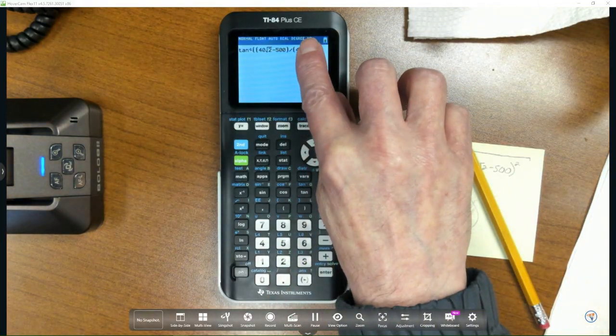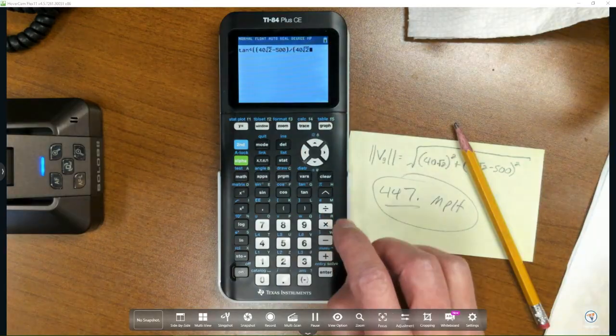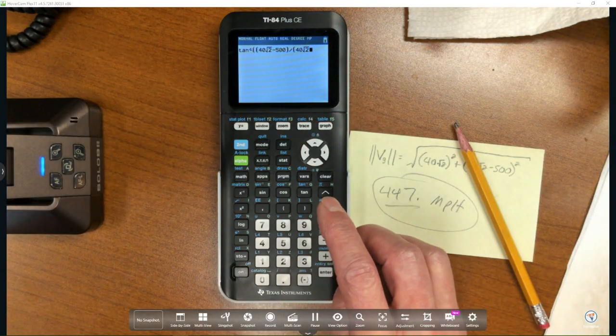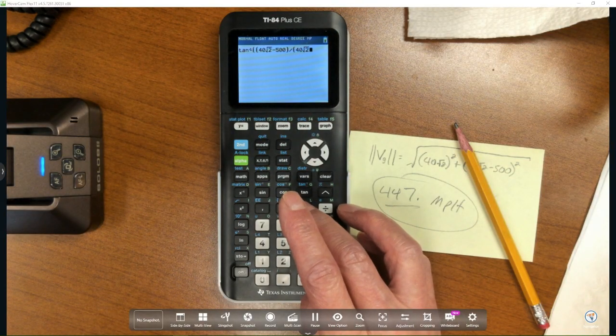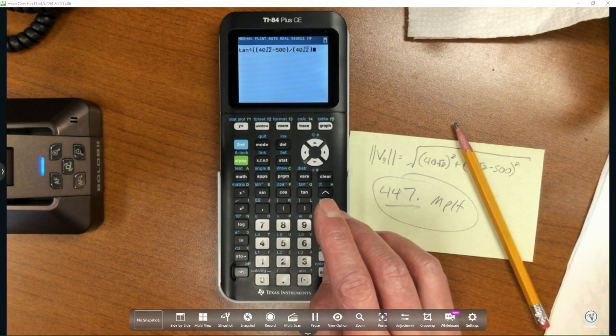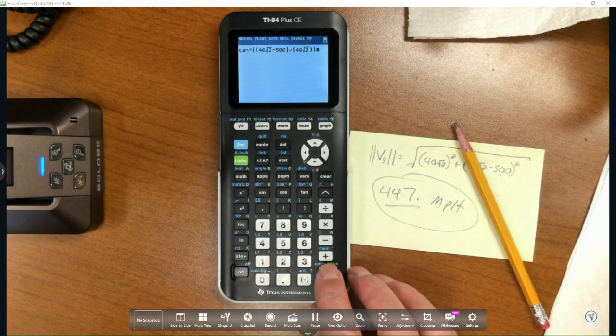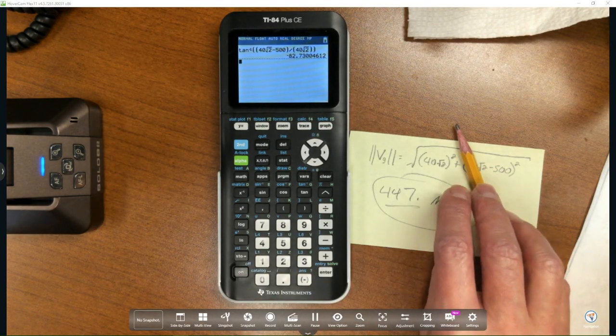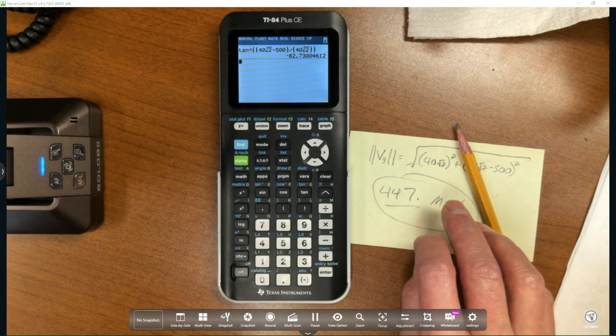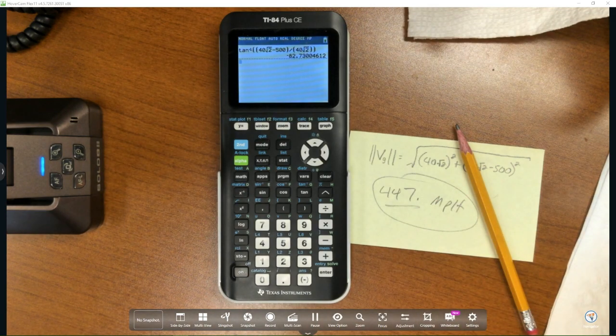Otherwise it would only divide by the 40 if I didn't group these together. And I also have to close the inverse tangent function. All right, so we're looking at negative 82.73 degrees.